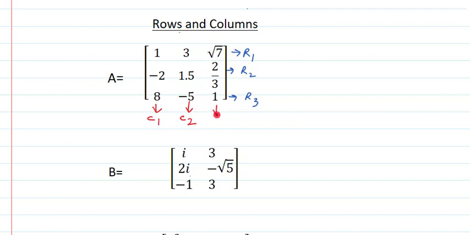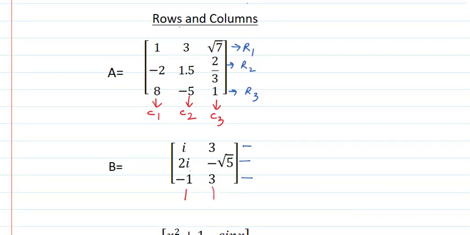And column 3, that is C3, has the entries root 7, 2 upon 3 and 1. Similarly, in matrix B, we are having 3 rows, R1, R2 and R3, and it is having 2 columns, column 1 and column 2.